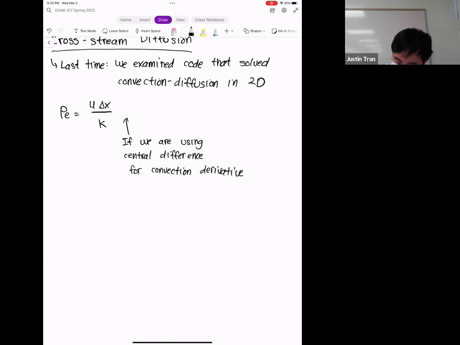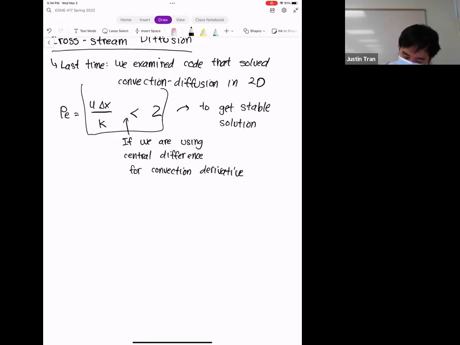If we want to use a central difference scheme for convection, we know that our Peclet number has to be less than 2 in order to get a stable solution. We tested this in 1D, and when you don't satisfy this, you get an unstable solution.